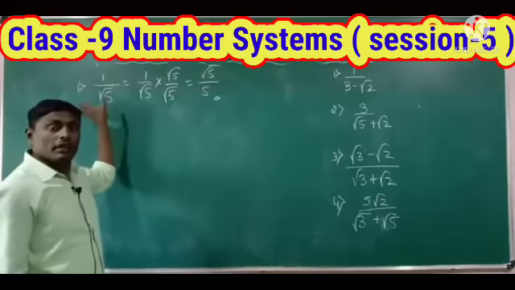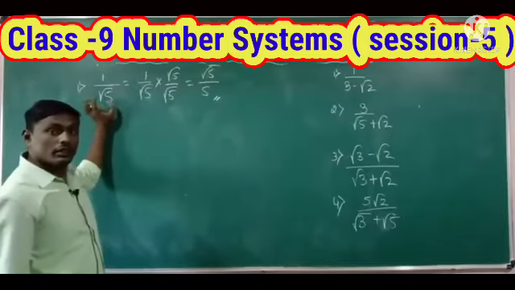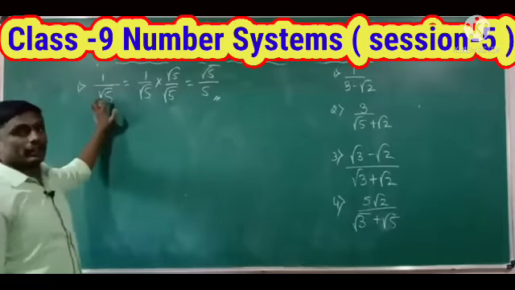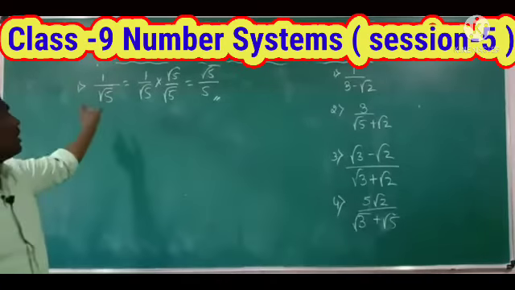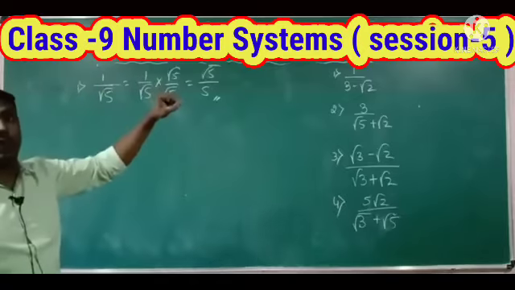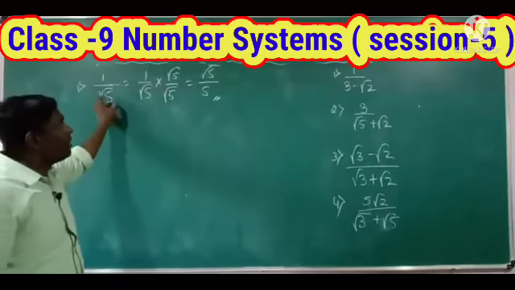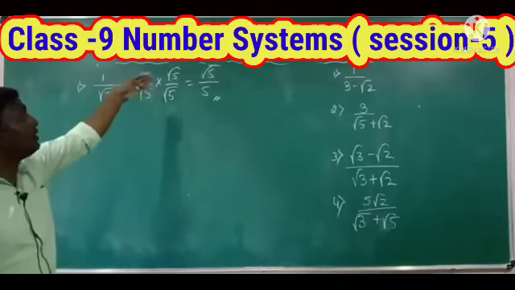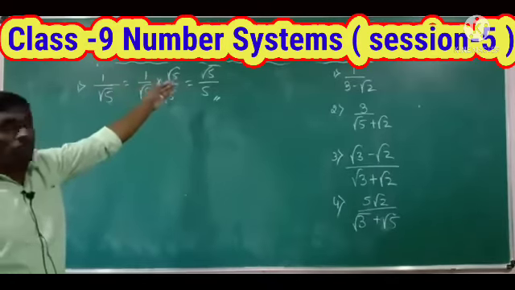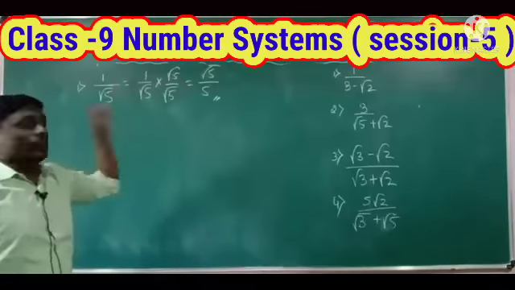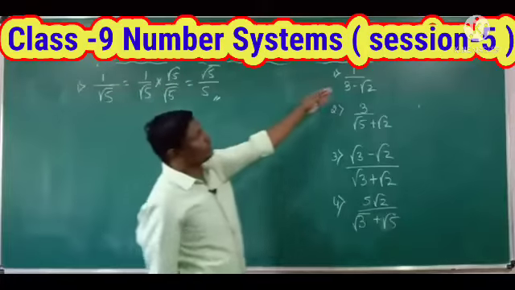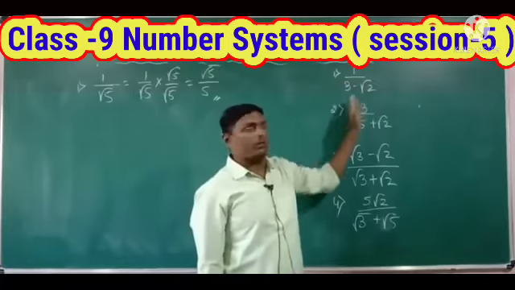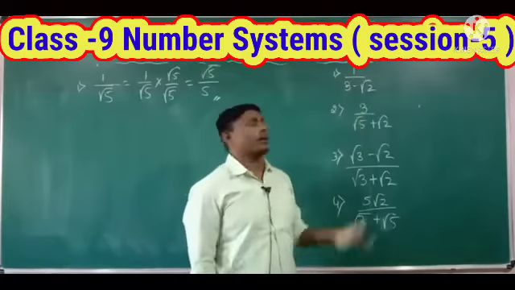Observe here, in the given question only one radical is there in the place of the denominator. So we simply multiply both numerator and denominator, simplify, and get the answer. In case of two radicals or a combination of two numbers, how can you simplify?